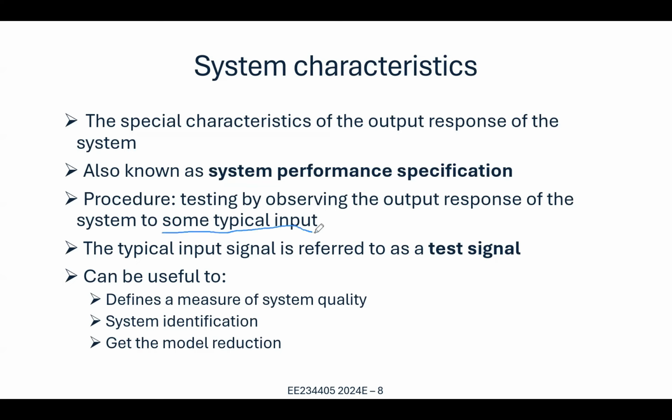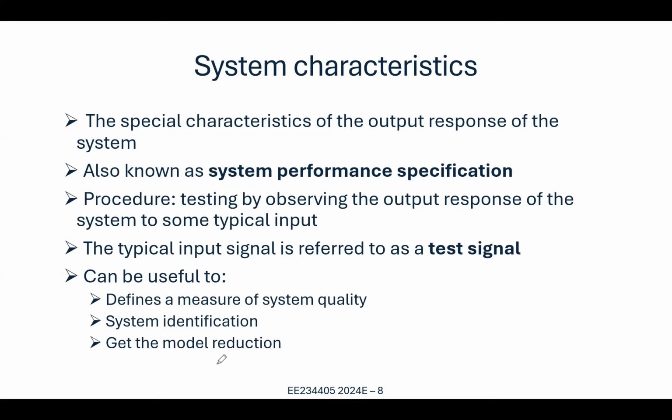There are some typical inputs that are commonly used, some basic signals, or here we also call them test signals. The reason we use these is because of their simplicity, one, and we can get system characteristics by looking at how the input affects the output, also by looking at the transfer function.